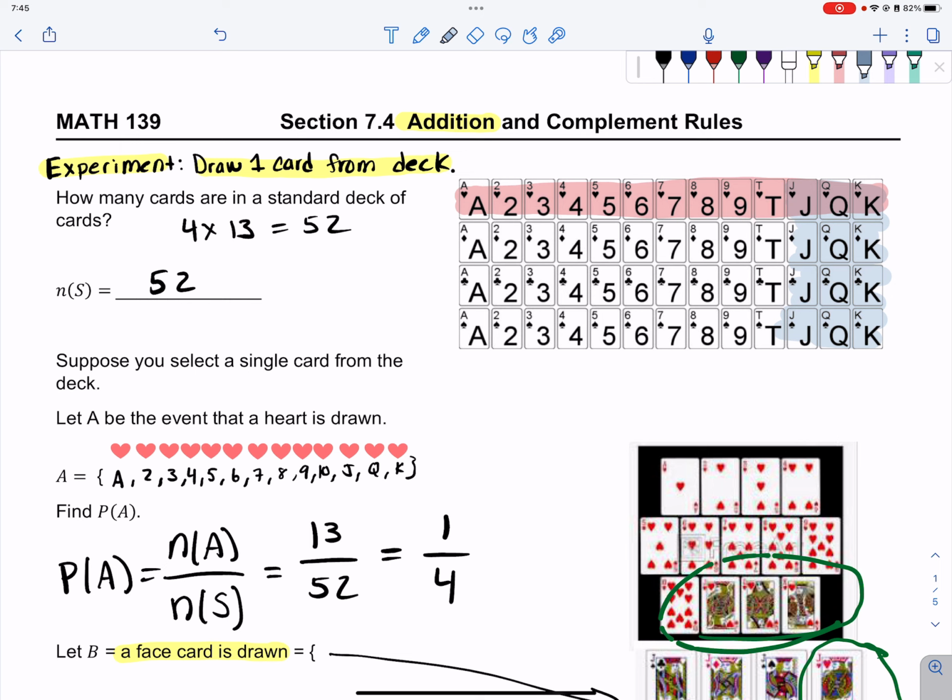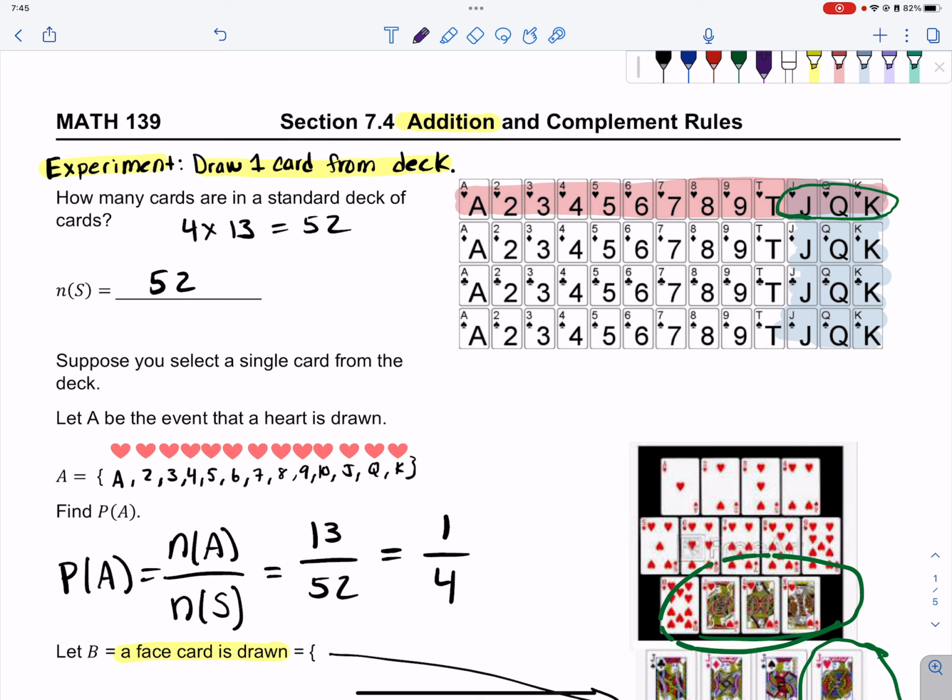Well, we had the 13 hearts at the top, and we have the 12 face cards. If we add those together to get 25, these Jack, Queen, and Kings that are highlighted both times are being double counted. But those 3 cards are only in this deck once. So we need to subtract off essentially the double amount that we did here. So that's where we get our 22.